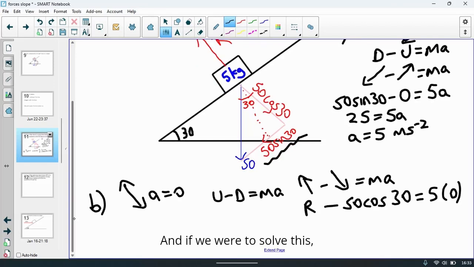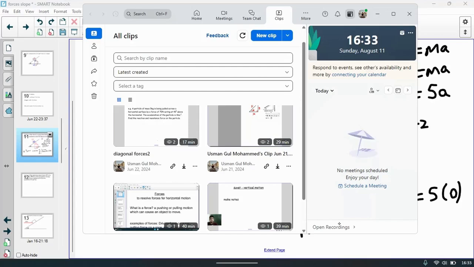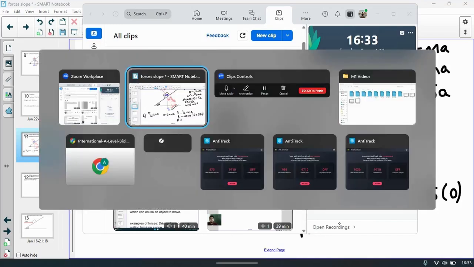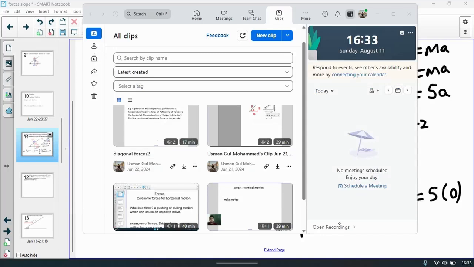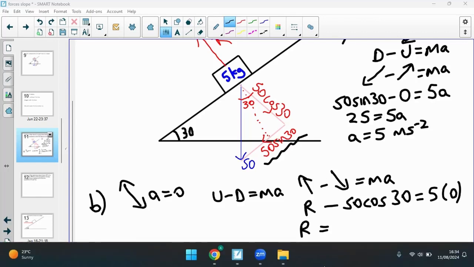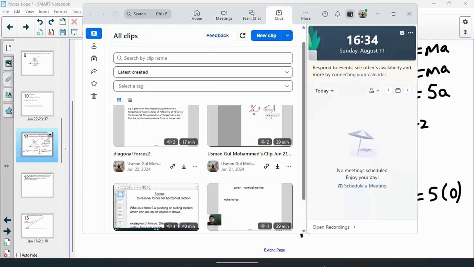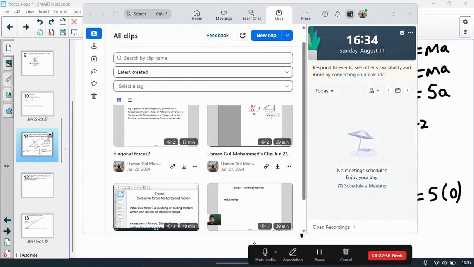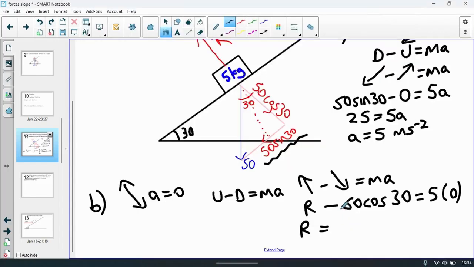And if we were to solve this, R is equal to 50 cos 30, which if you do in your calculator, should give you about 43.3.